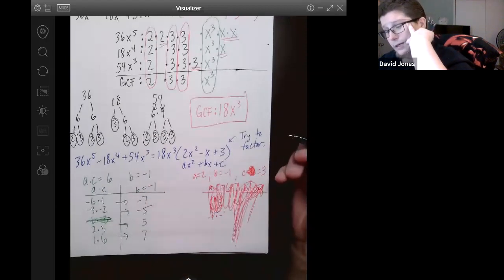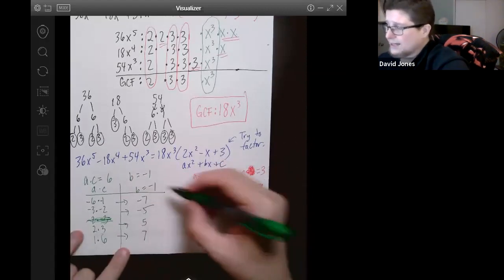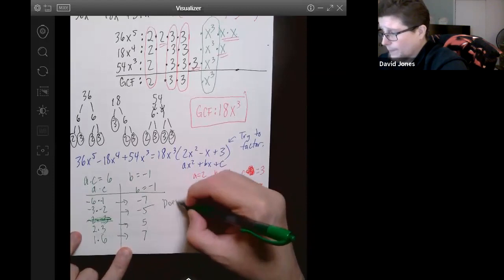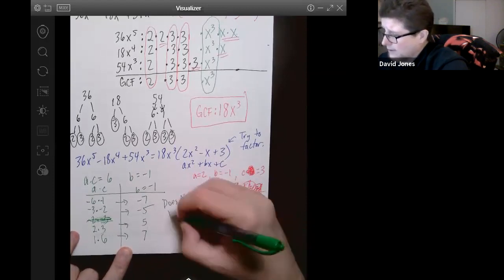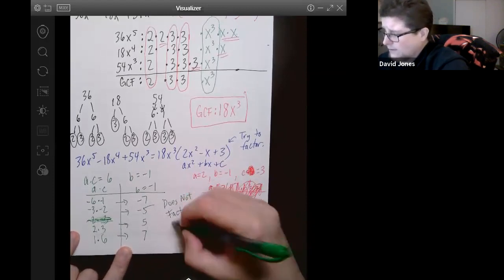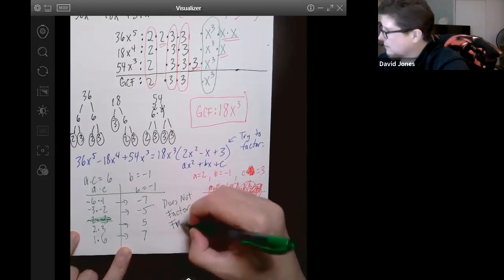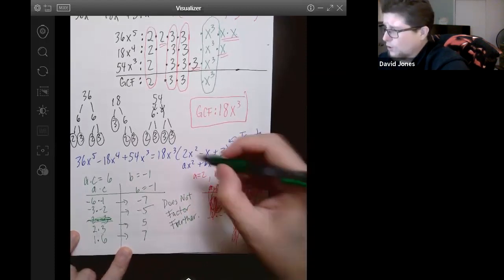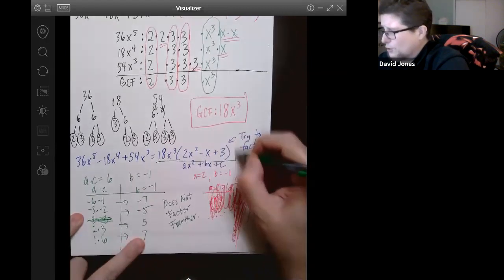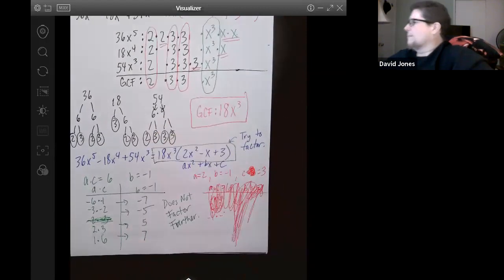So it doesn't work. So this does not factor further. So 18x cubed times 2x squared minus x plus 3 was the last answer. That's all it could be.